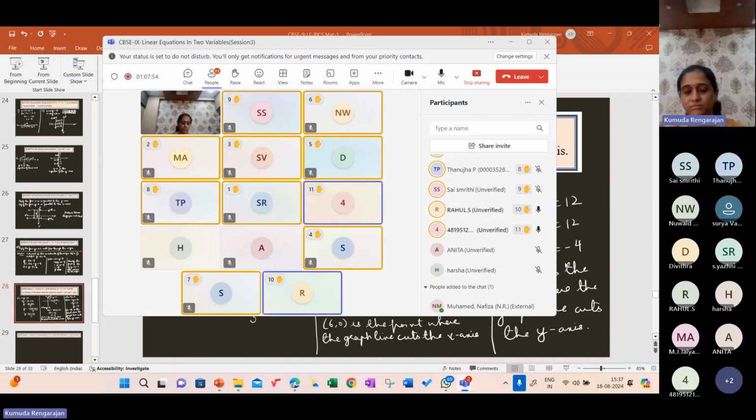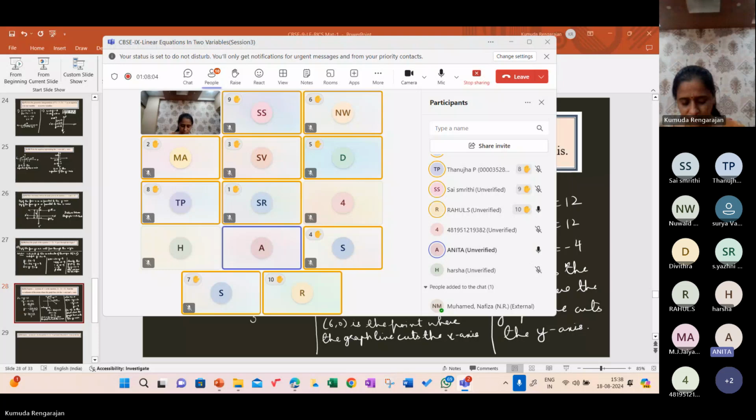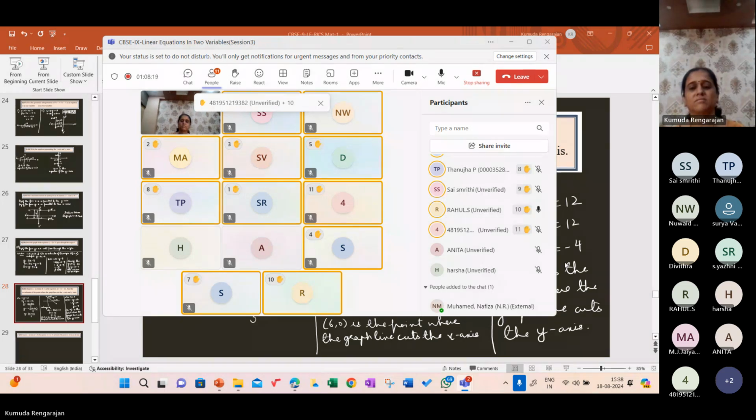Okay. So, Anita, you have learned how to make graphs in this chapter, is it? Yes, ma'am. What about Harsha?